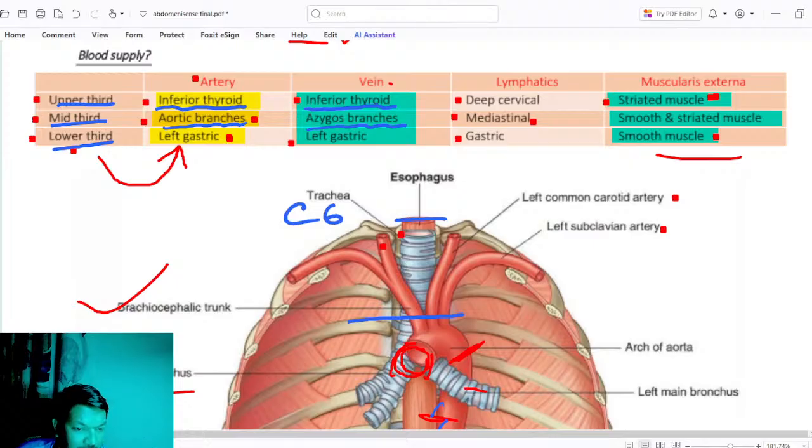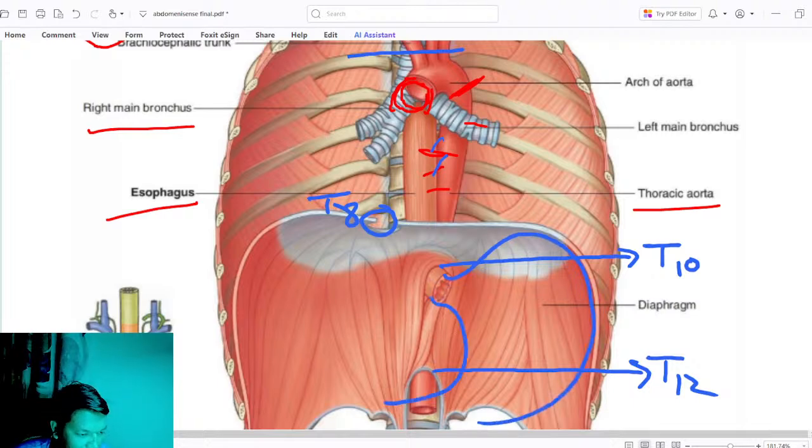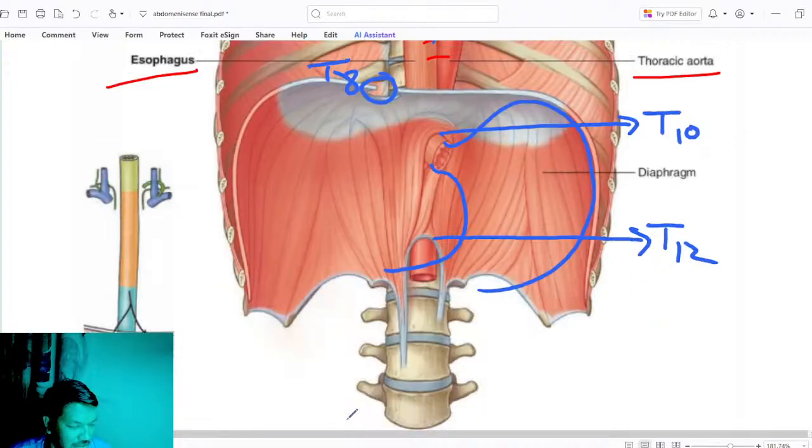And the lower 1/3: here will be the fundus part, and this is the lesser curvature of the stomach, right? We have seen the celiac trunk arising, and a blood vessel giving supply to the lesser curvature. What was the name of that vessel?